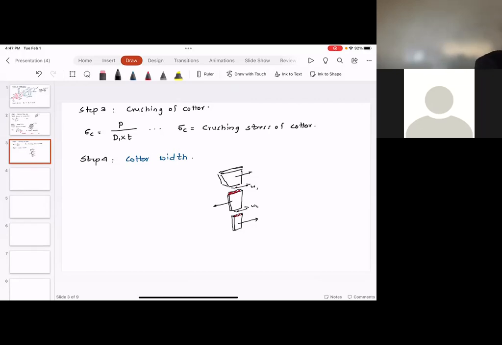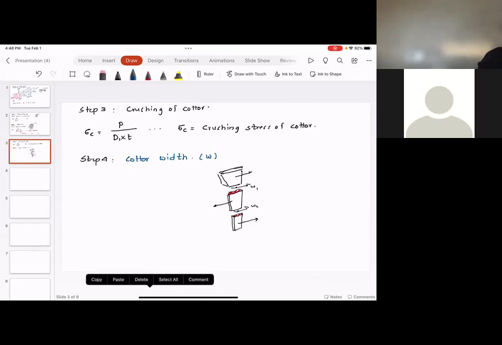So this is the assumption. When we design the quarter width, I'm going to assume that there is a center width, which is the average of W1 and W2, and that is where the failure is going to take place. So I'm going to assume that this W is the width of the quarter at the center point.